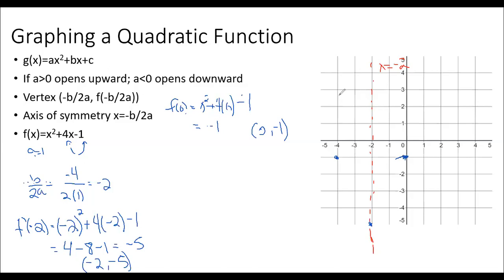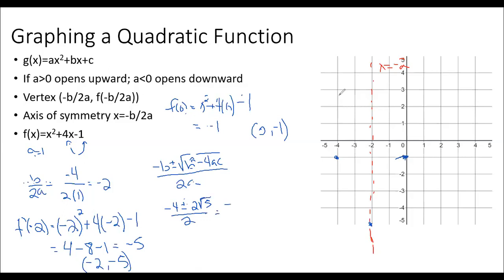Okay, and then we want to find our x-intercepts, and we're just going to use our quadratic formula. We're going to say negative b plus or minus the square root of b squared minus 4ac, divided by 2a. That's going to give us the x coordinates of our intercepts. And when we do this, we end up with negative 4 plus or minus 2 square roots of 5, divided by 2.